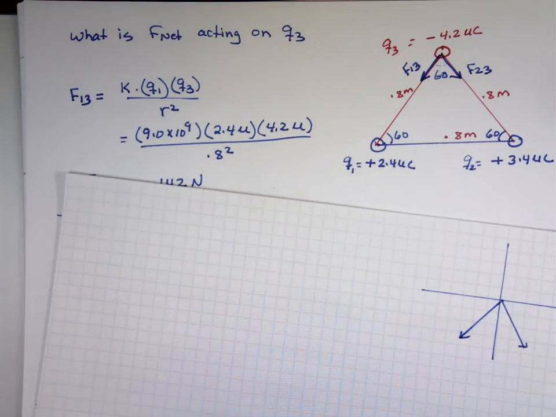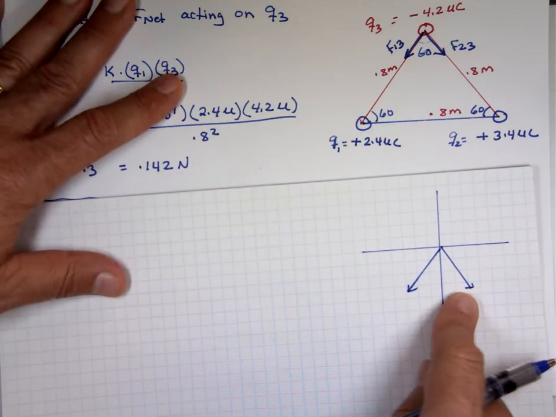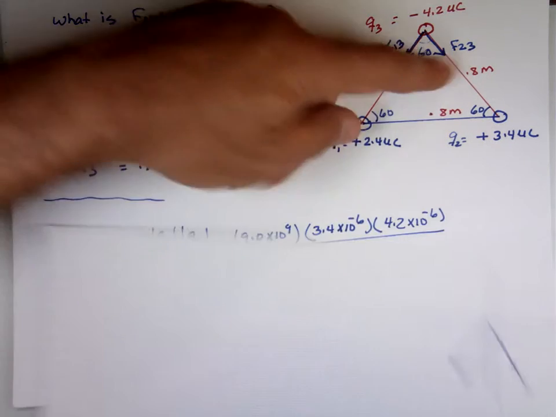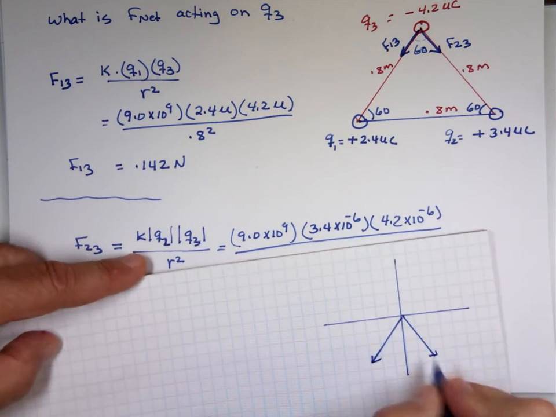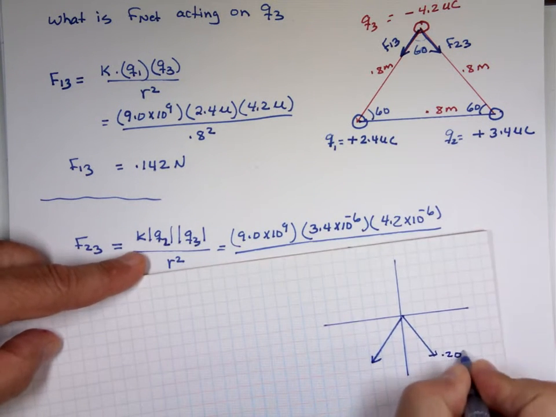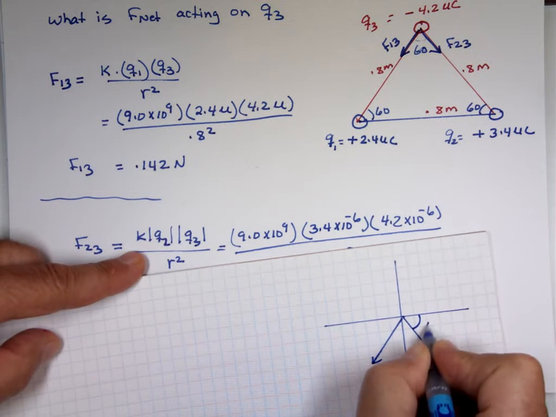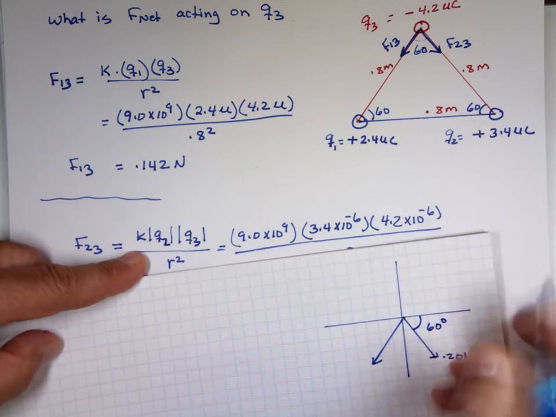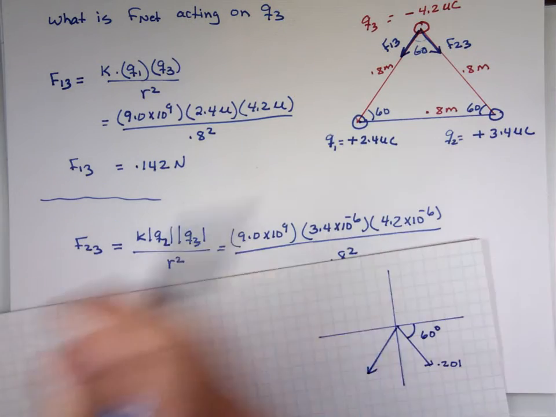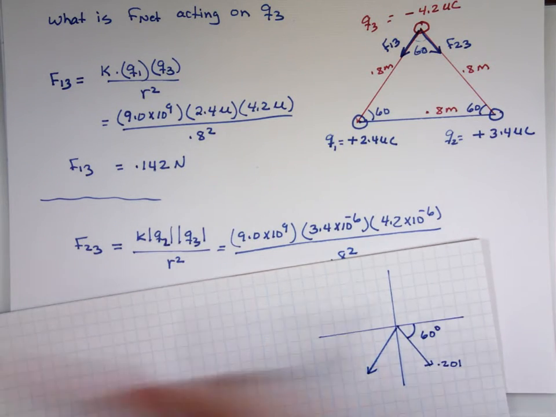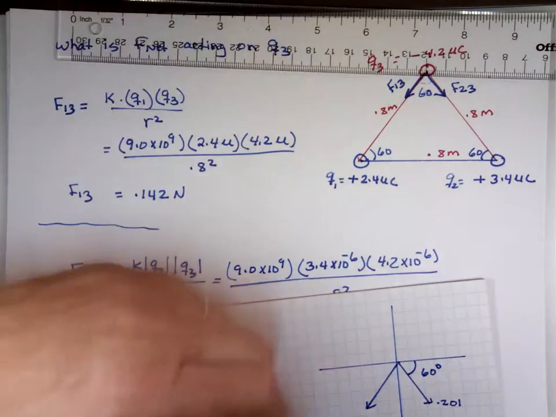This force here has a value of F23, 0.201, and this angle with it is 60 degrees. Why? Notice if I do my axes right here, it's now geometry.